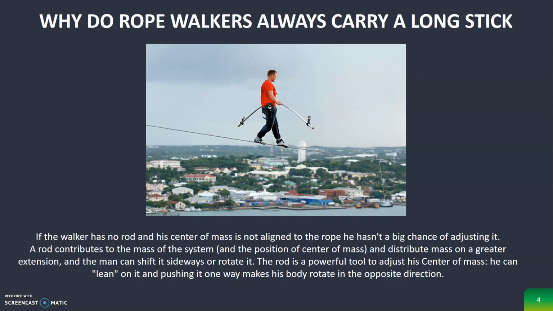This is going to give them a better chance of walking across it. Secondly, they can also use the shifting of that pole left or right to adjust their center of mass, which helps them with their leaning, and they can push off the stick, causing a lean effect.